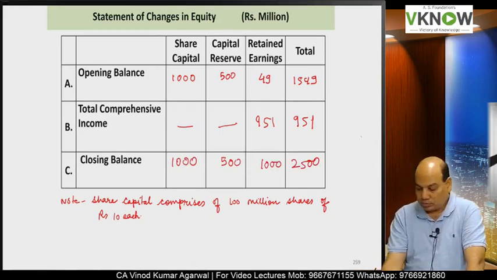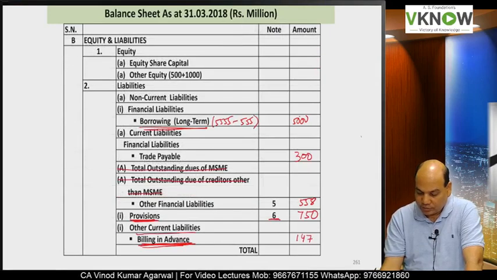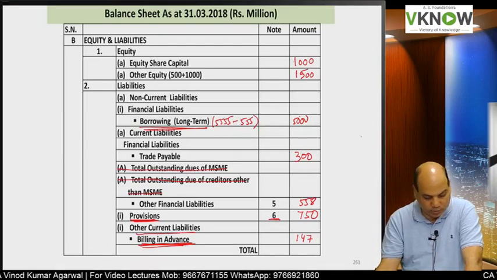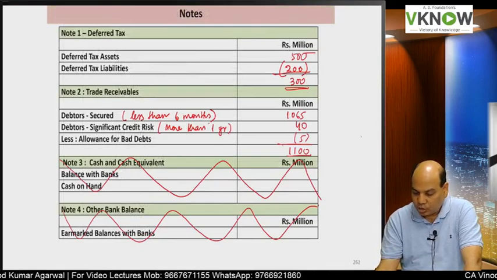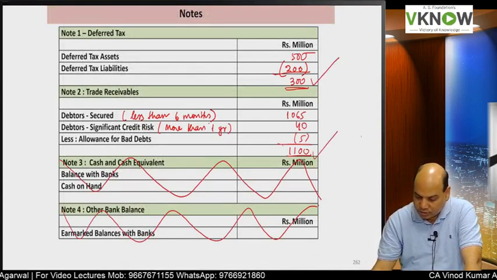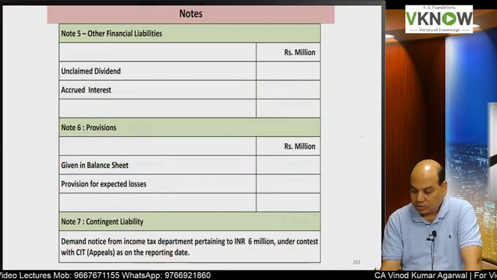So what I'll do now, I'll go to balance sheet, liability side, share capital, how much? 1000. And other equity 500 plus 1000, 1500. Next thing you have to check whether all notes you have transferred, deferred tax, trade receivable, then other financial liability, provision we have transferred. Yes.